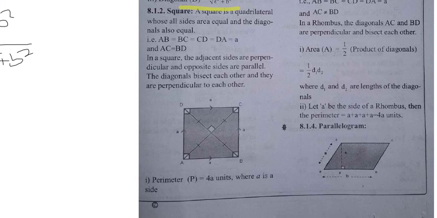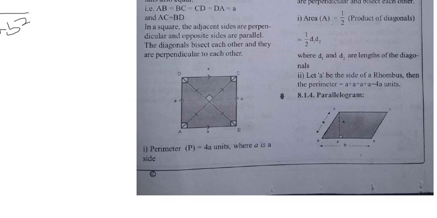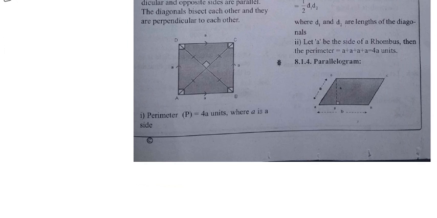In a square, four sides are equal, and at each corner the angle should be 90 degrees, and the diagonals are also equal. And the perimeter is equal to 4 into A. I already told you, A plus A plus A plus A, 4 A's, is 4 into A.